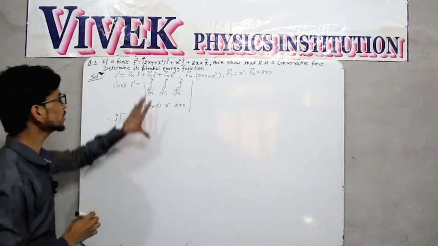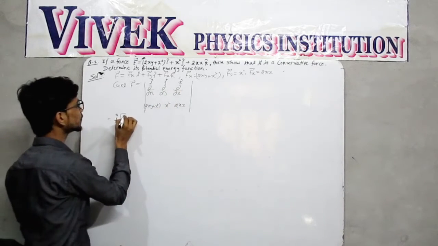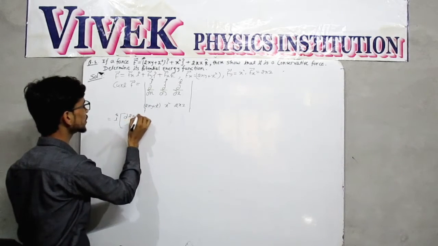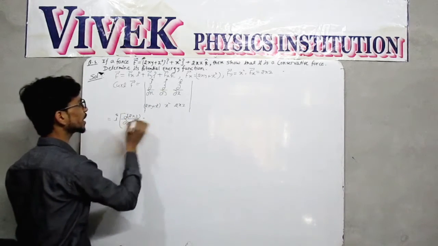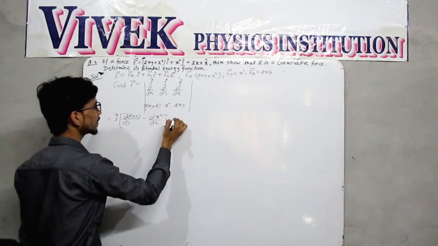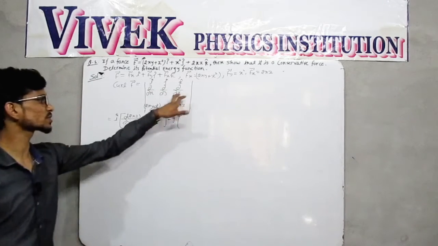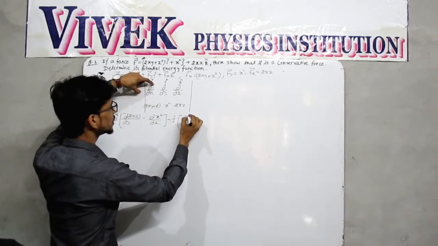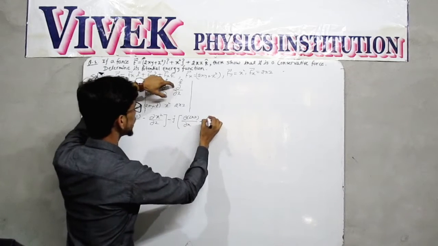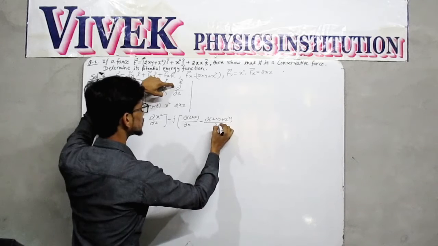For i, this portion multiplied by this and minus this portion multiplied by this. So I have del 2xz over del y minus del x square over del z, and minus j cap. Also this portion multiplied by this and minus this portion multiplied by this, and I get del 2xz over del x minus del 2xy plus z square over del z.